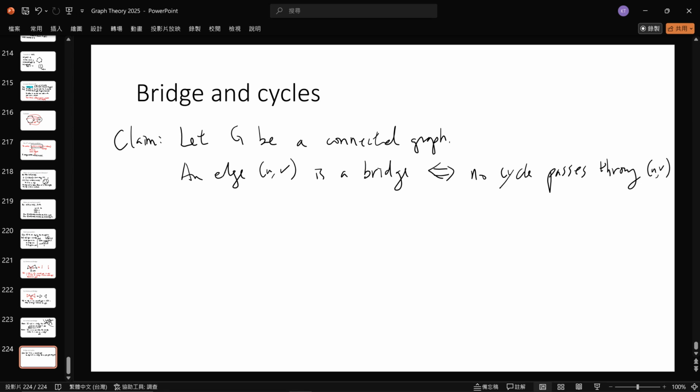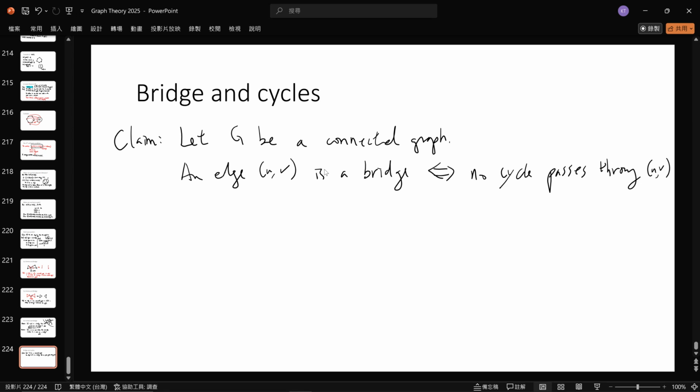This gives a necessary and sufficient condition for a bridge. It says if one edge is a bridge, then you cannot find a cycle that contains this edge, or passes through this edge. This time the claim is correct. So we're going to prove this.